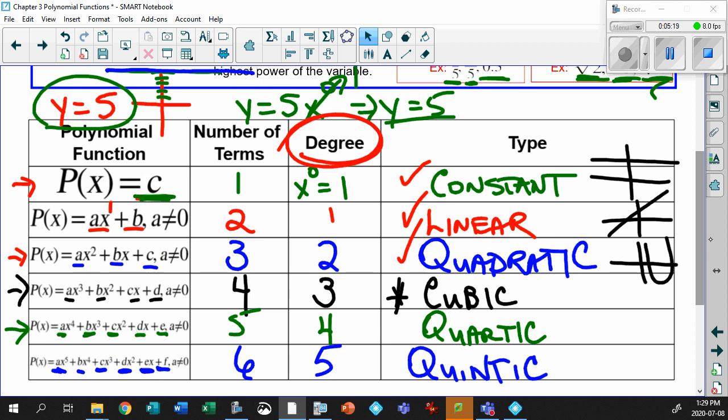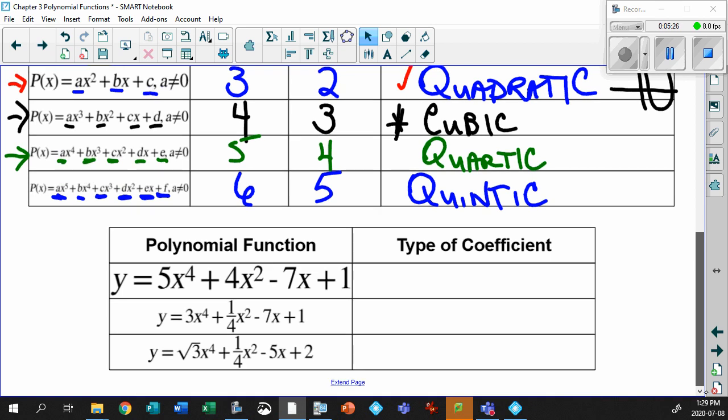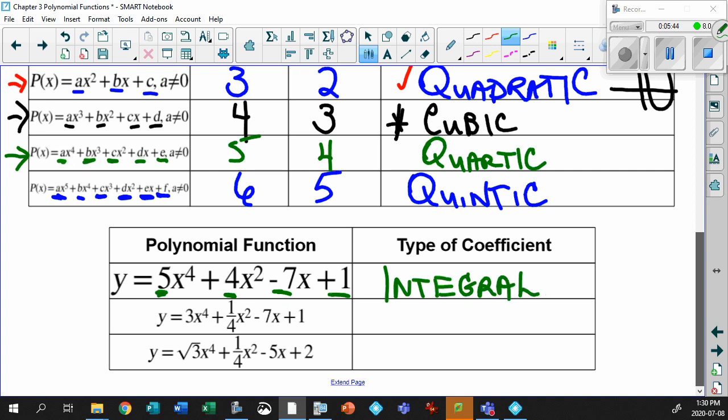Let's take this to the next level. Look at this. Tell me what kind of coefficient I have here. What are the coefficients like? Well, in this particular one, all of these are positive and negative whole numbers, so these are referred to as integral, renamed integer.